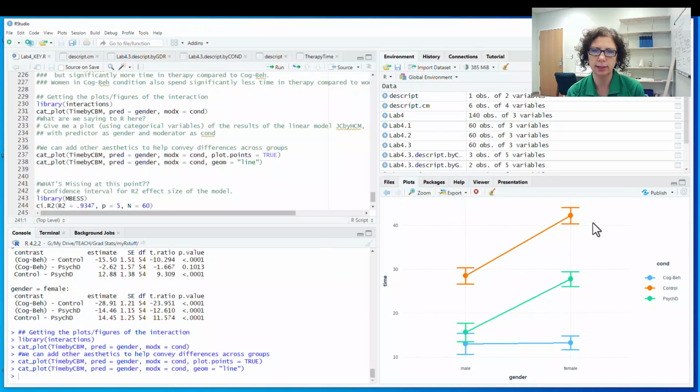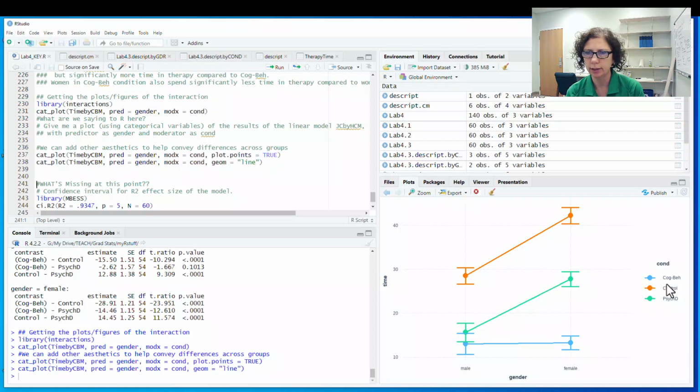We can see that at least for control and psychodynamic therapeutic approaches, we have almost a very similar slope. Like there's a main effect of condition, but really the distance right here for male was kind of the same distance for female.